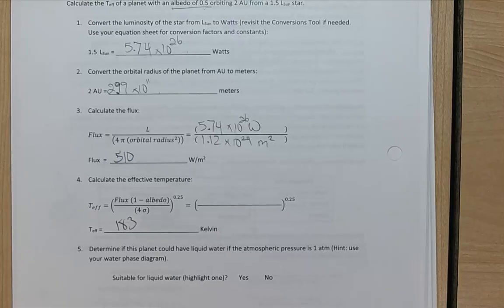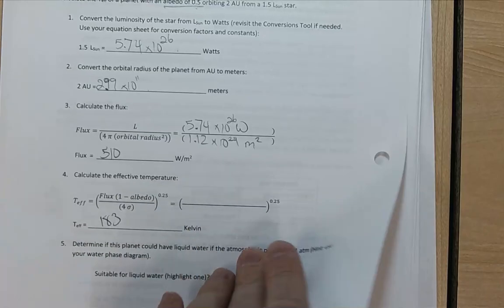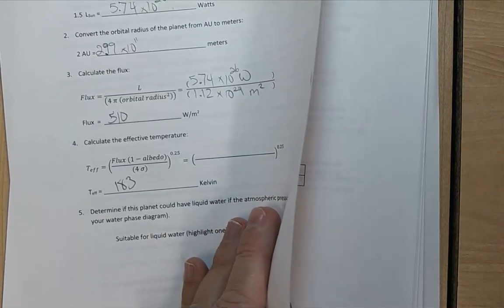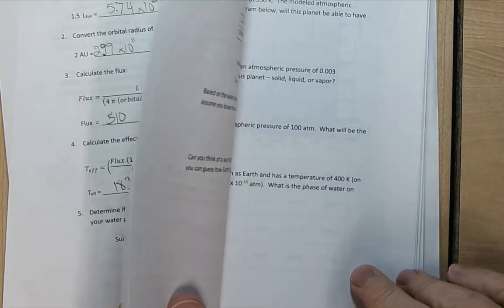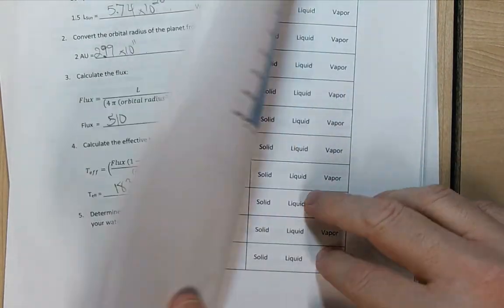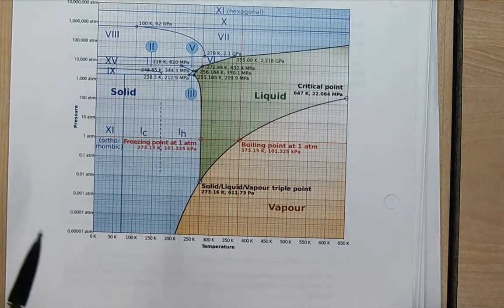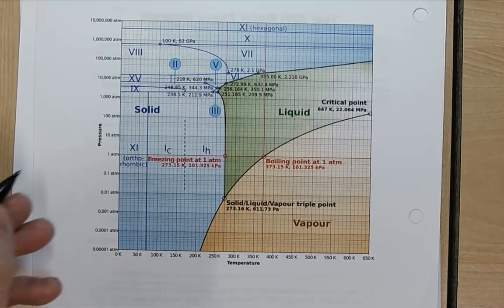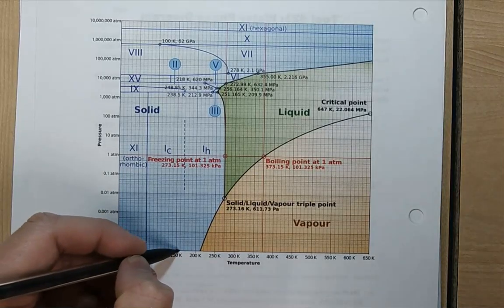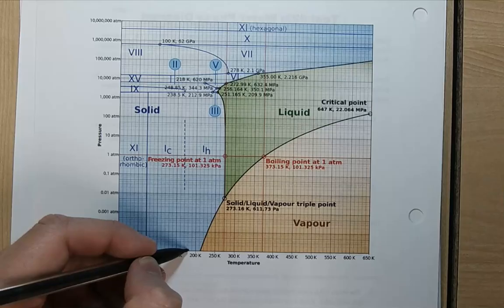Will this planet have liquid water if the atmospheric pressure is 1 atmosphere? Well, let's look this up on our water phase diagram. Let's see here. 150, 60, 70, 80.